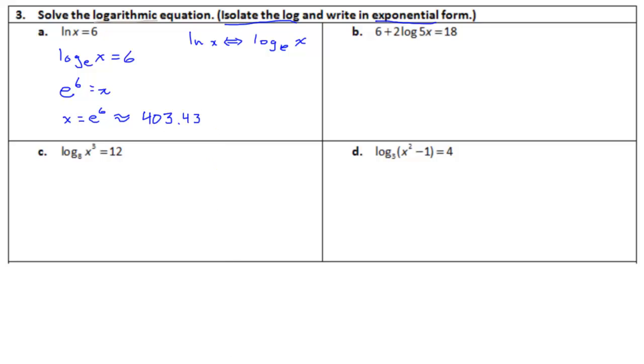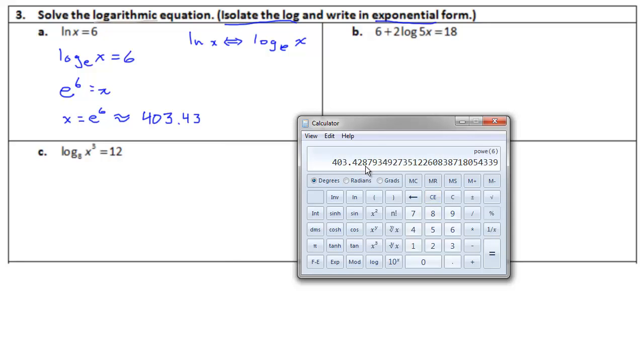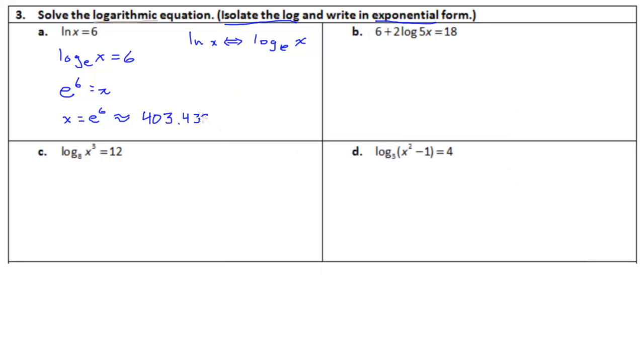And if I want to do 3 decimal places, 403.429. So there's our answer. It's not a real friendly calculator. Anyway, let's go to this next problem.